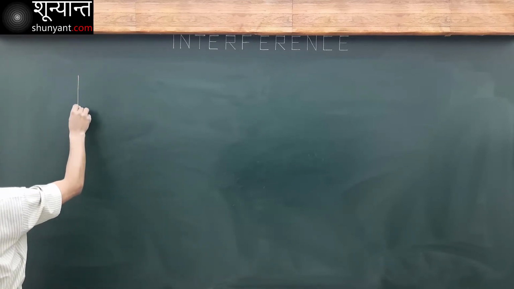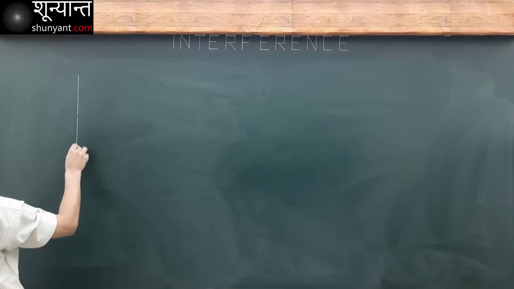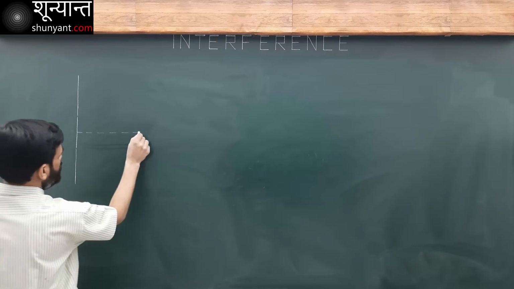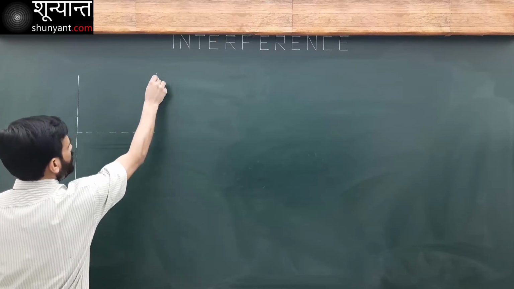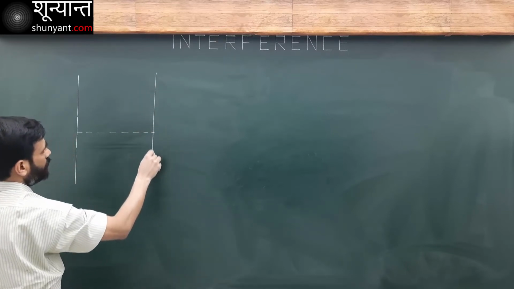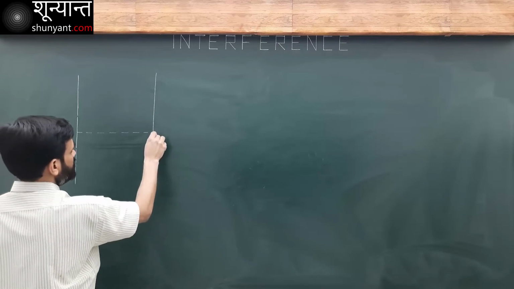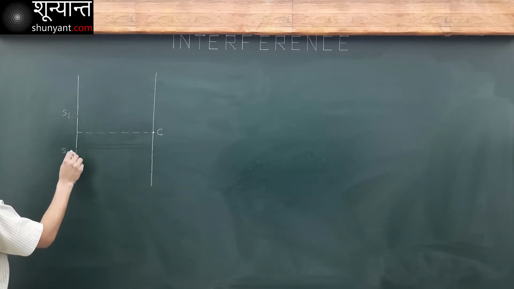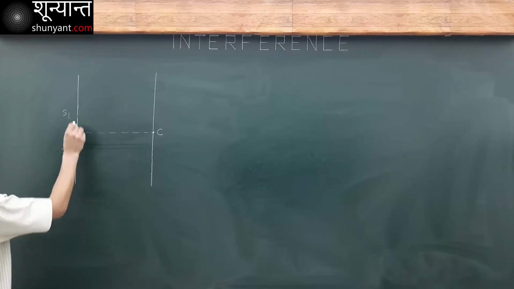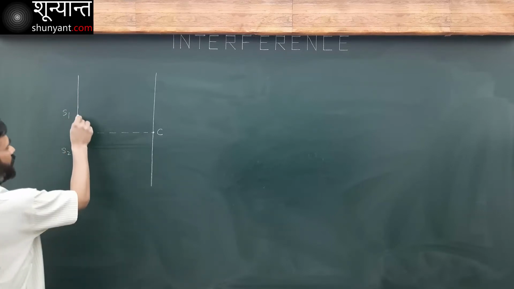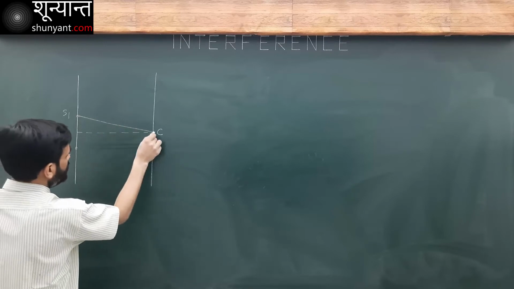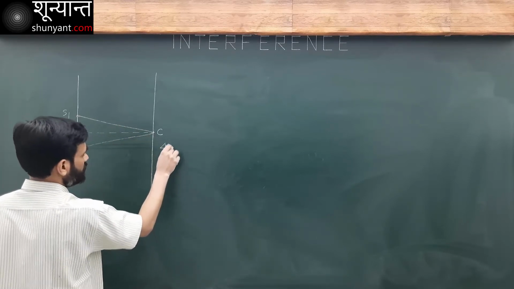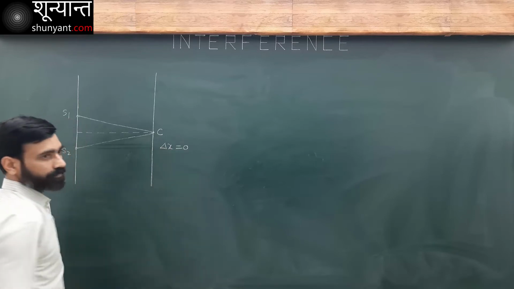I have this normal YDSE setup. This is the center of the screen. This is S1, this is S2. At this point, light from both sources arrives. What is delta x? It is equal to 0.